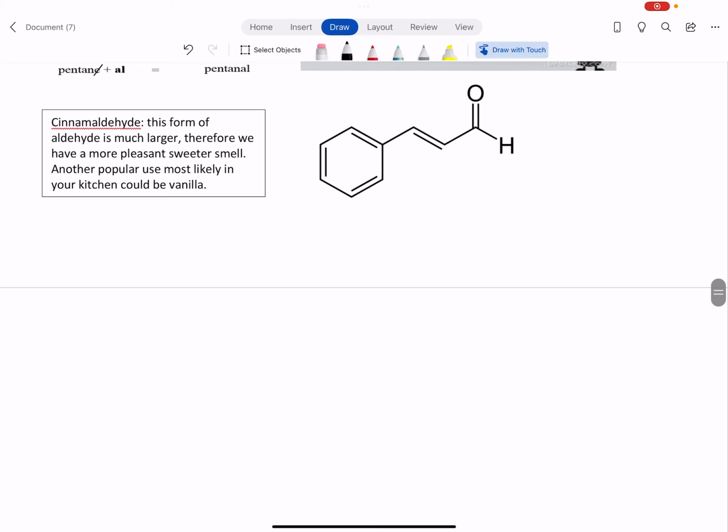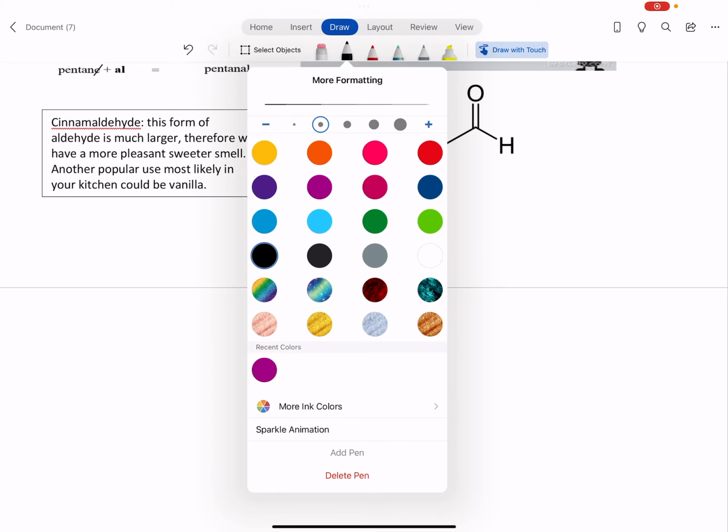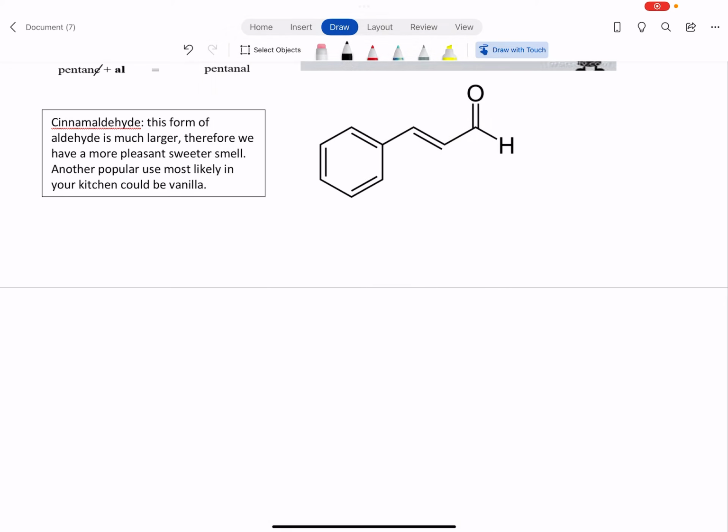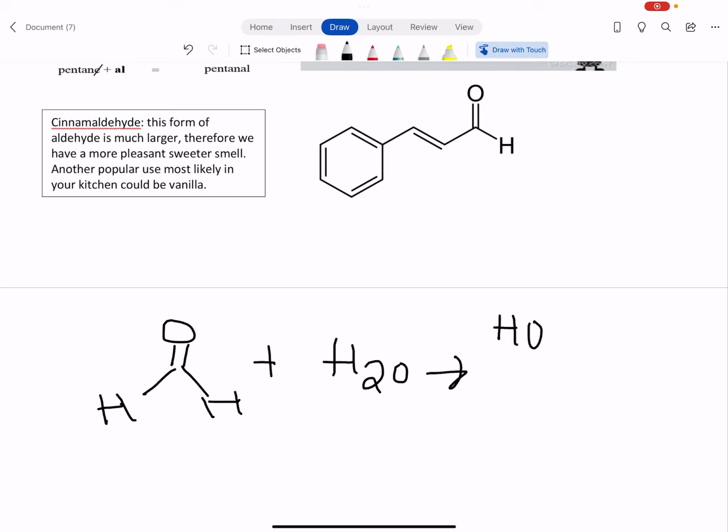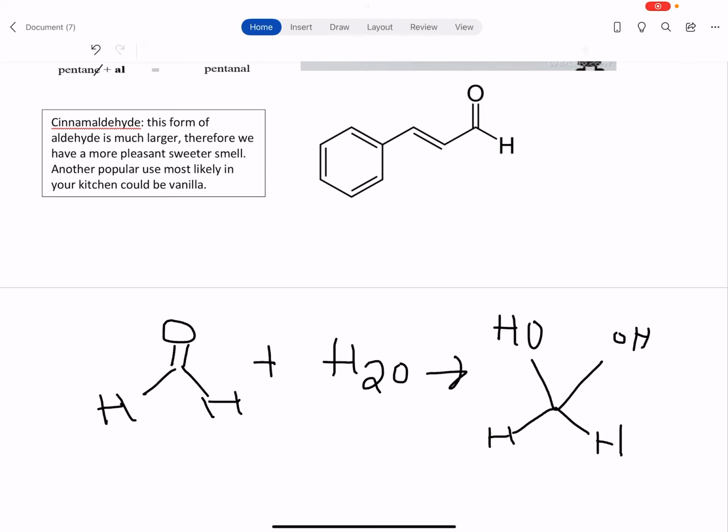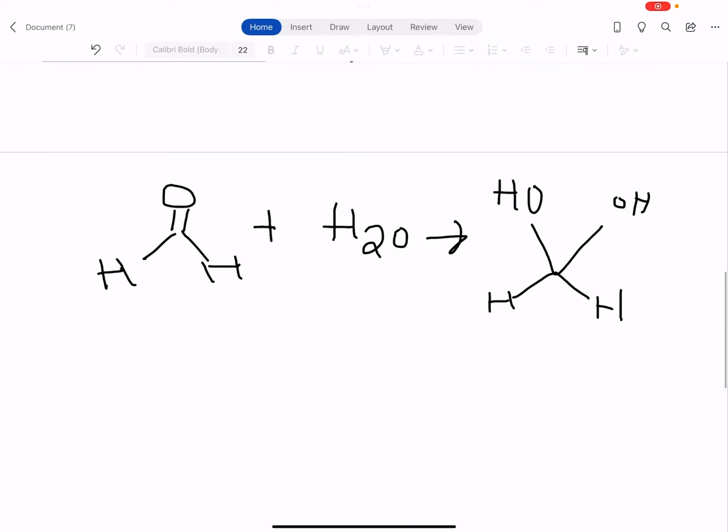So let's get into some reactions with our aldehydes here. If we were to mix this molecule with water, we are going to yield a very beautiful molecule. I don't know if we went over this in chemistry, but I found this very interesting.